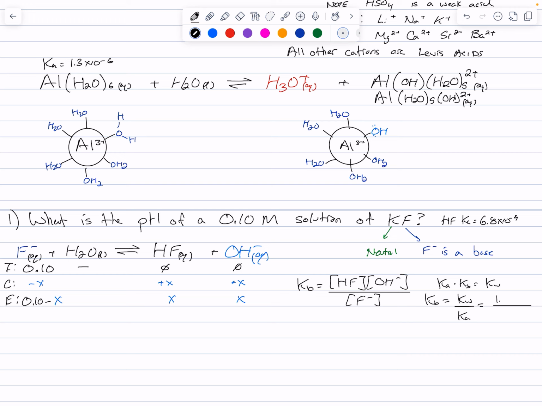Well, Kw is 1.0 times 10 to the negative 14th. Ka is 6.8 times 10 to the negative 4th. So that means Kb, get our trusty calculator here, 1 times 10 to the negative 14th divided by 6.8 times 10 to the negative 4 is 1.5 times 10 to the negative 11th.